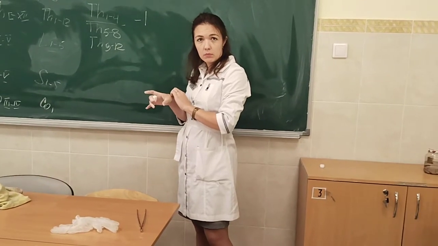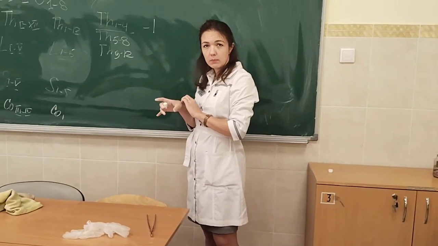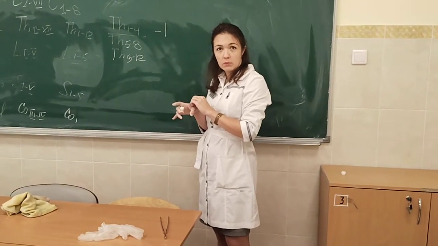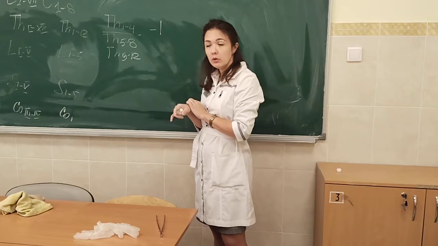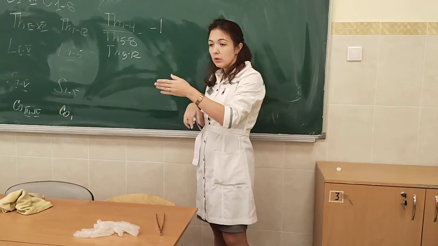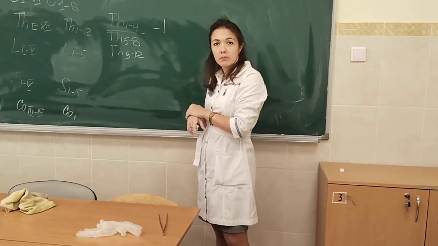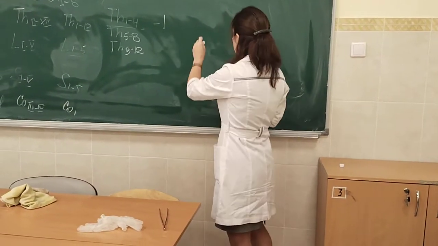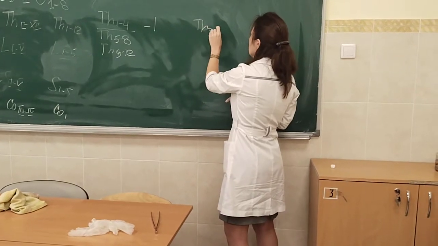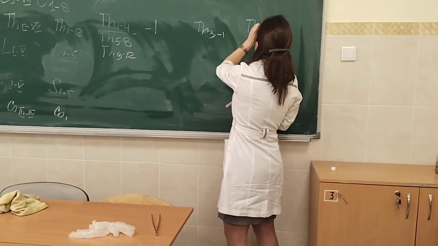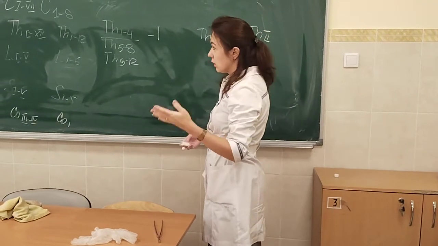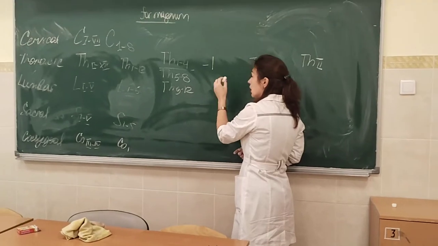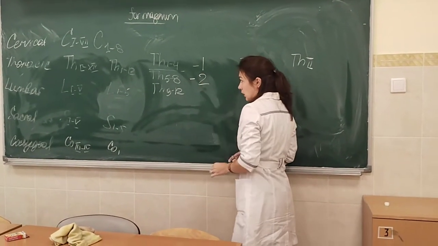No, it will be located at C7. Yes, C7. How did you understand? We have to deduct 1. If we take TH3, for example, deduct 1, and we find that it is located at the level of the second thoracic vertebra. So to identify the location of the middle thoracic segments, we should deduct 2 from the sequence number.